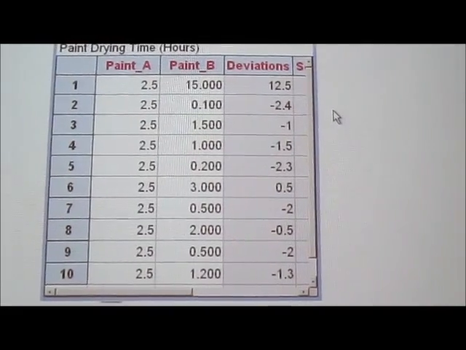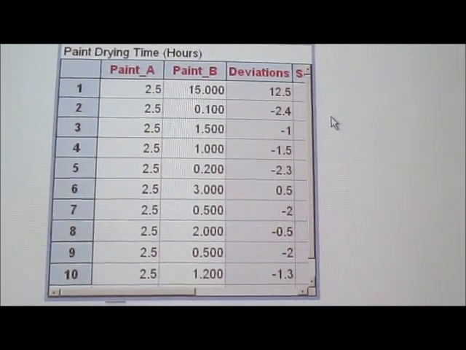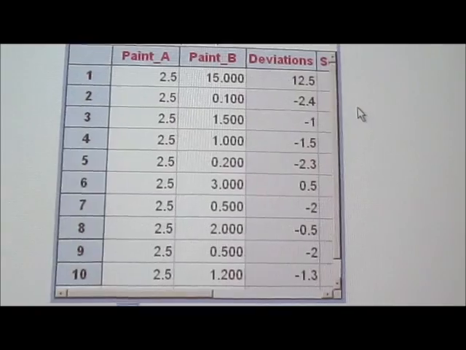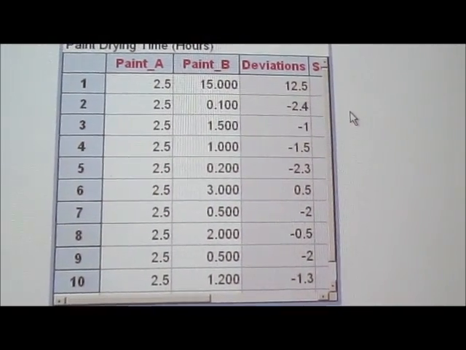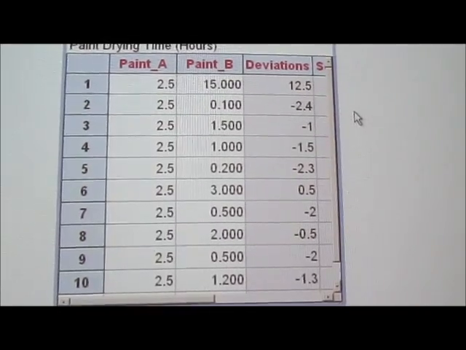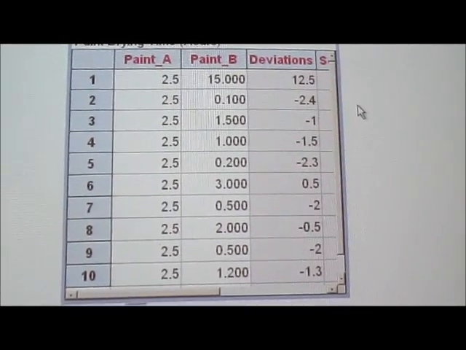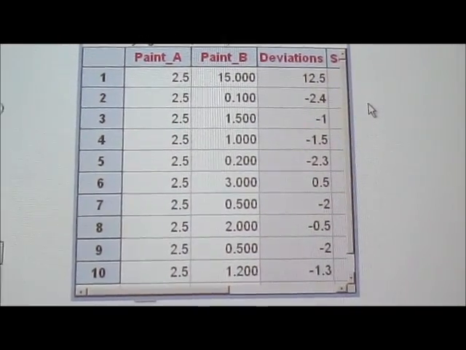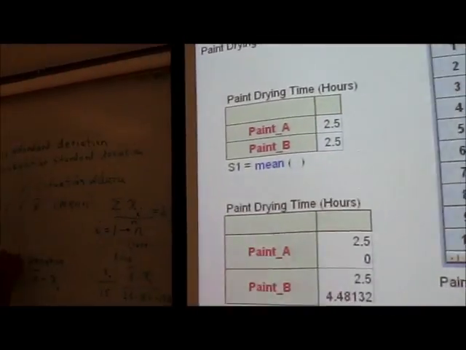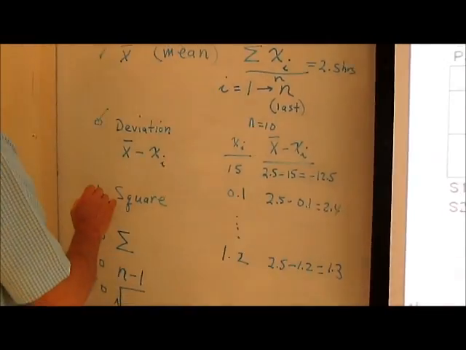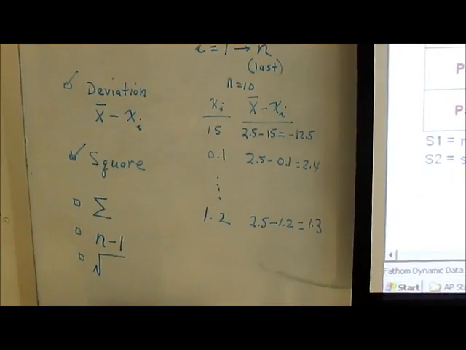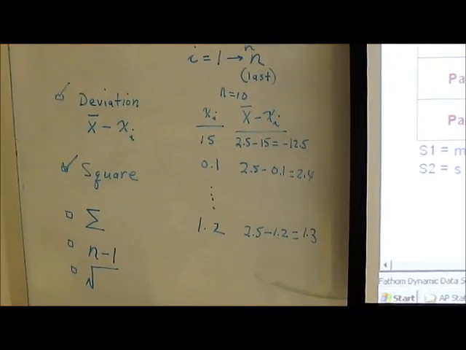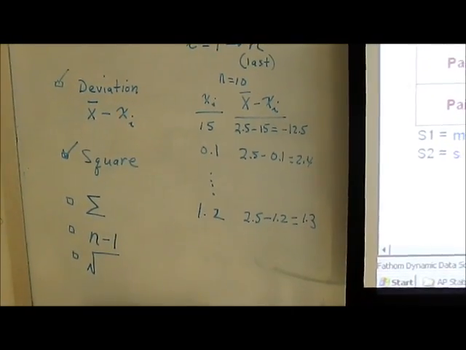So I have a bunch of deviations, but we notice we've got negative deviations and positive deviations. And the people that invented this measure decided that we can't have deviations canceling out each other, positive ones and negative ones. So what did they do? They said we should square each deviation so that we have a measure of positive distance from the mean of our data points.